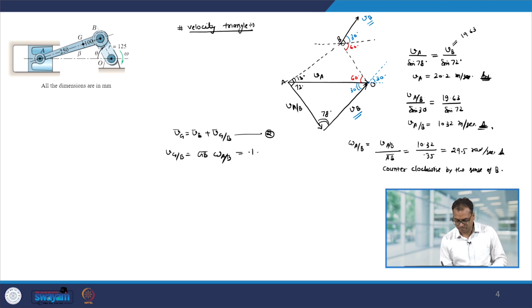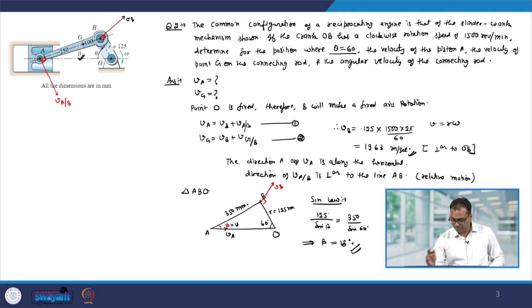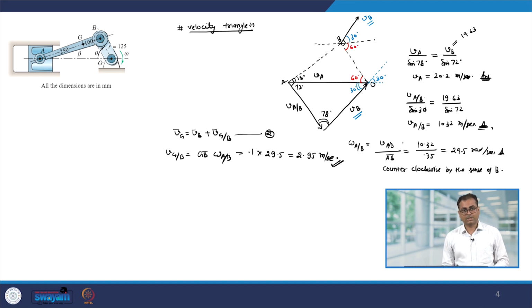So, 0.1 into omega, just now we have calculated 29.5. So, that comes out to be 2.95 meter per second. So, now we know Vgb, we also know Vb. So, in principle we can calculate what is Vg, but note that this is a vector sum. So, you have to take care of the direction also.